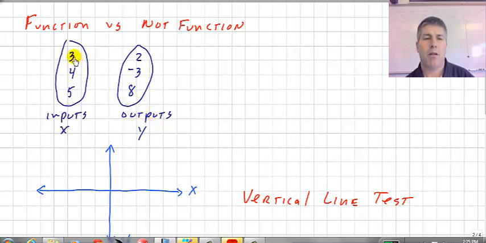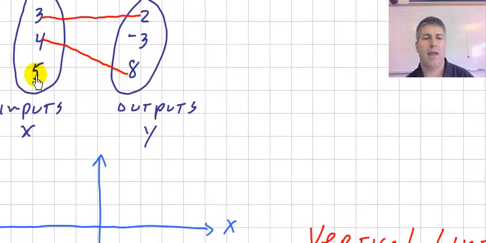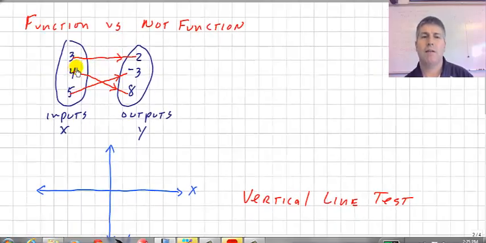So an example of a function, so if we input 3, we output 2, we input 4, we output 8, we input 5, we output -3. That would be an example of a function. For every input, we get a different output. Okay? So the red, those are functions.